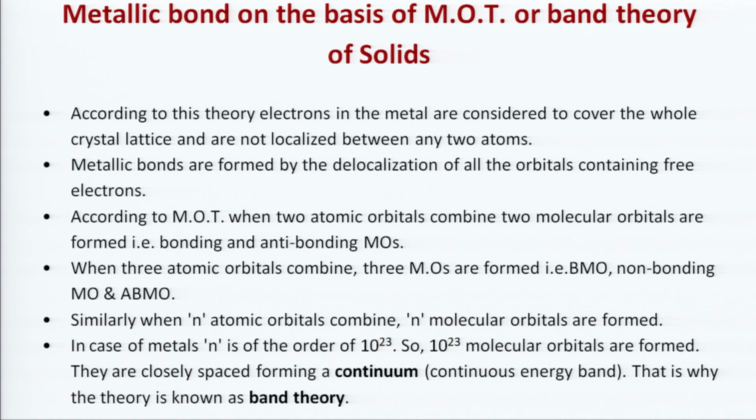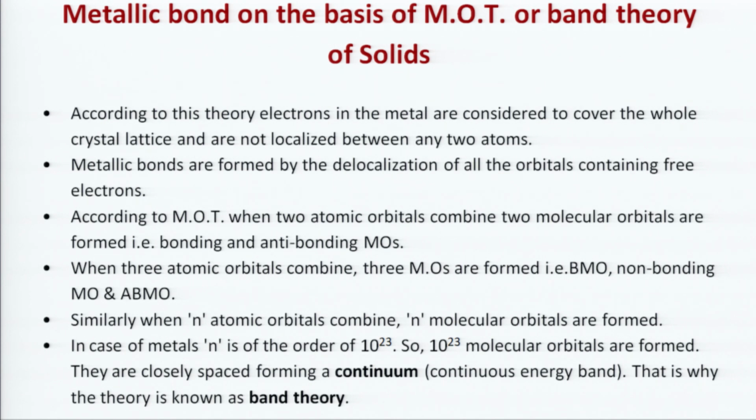But if three atomic orbitals combine together, they form bonding MO, non-bonding MO, and anti-bonding MO. So, again the concept of conservation of electronic state is followed over here also. Similarly, when n atomic orbitals combine, n molecular orbitals are formed. तो उसी प्रकार से जब n atomic orbitals एक साथ मिलते हैं तो n molecular orbitals generate होते हैं.